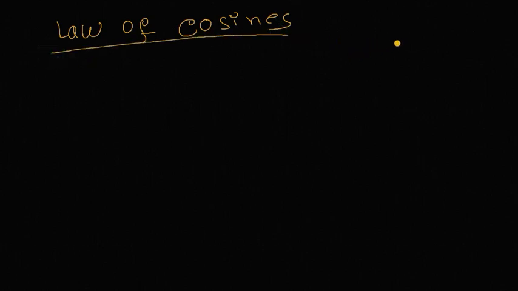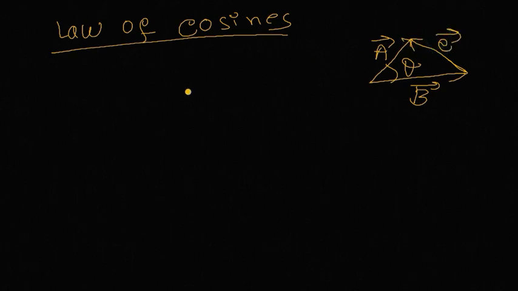Next is the law of cosines. We have A vector, B vector, the angle between them theta, and the resultant is C vector.